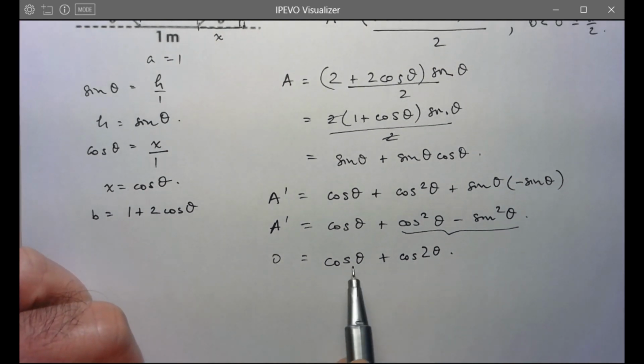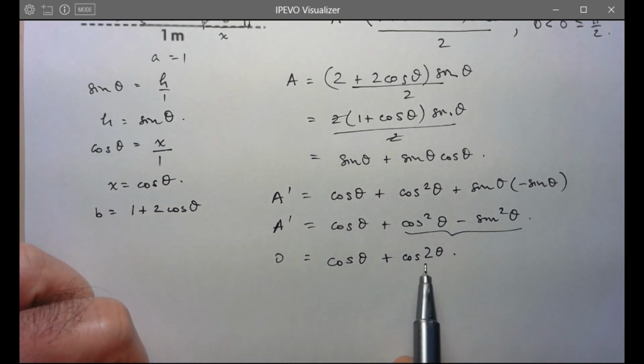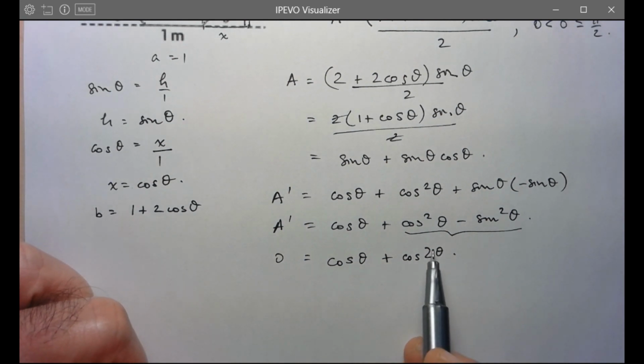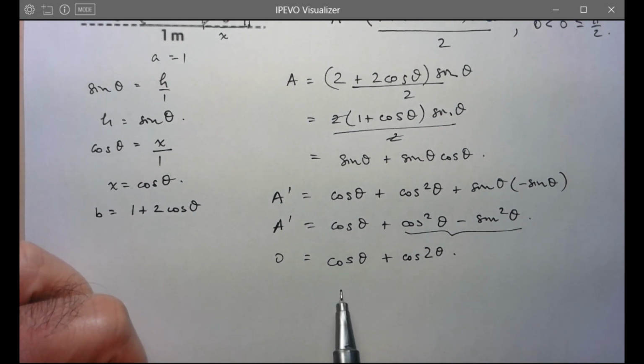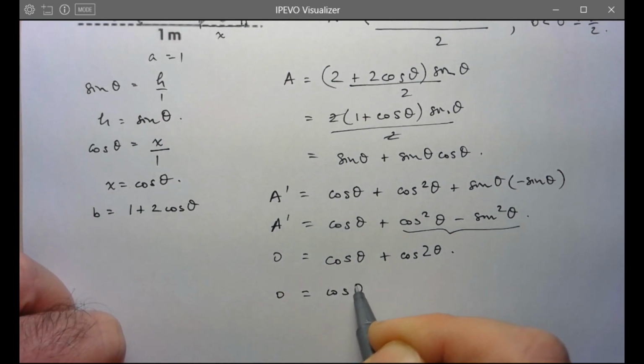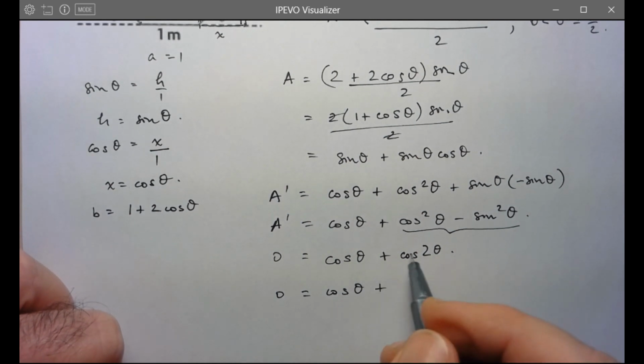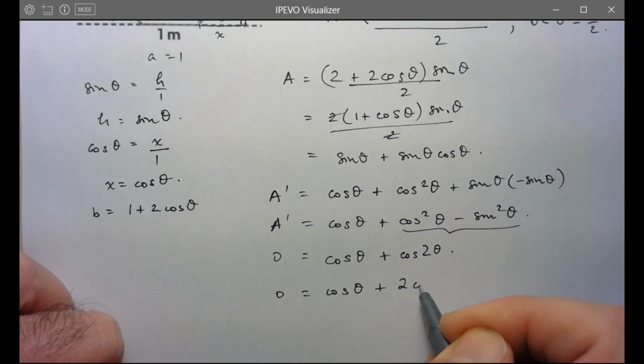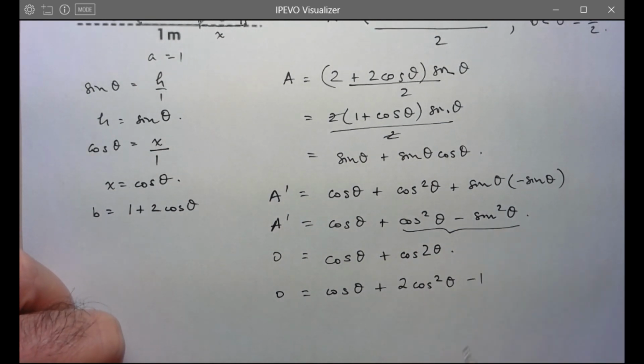Now again, here, I'm not sure how I would solve this, but we remember that cos of 2 theta has 2 other versions of it, and one of those versions contains only cosine. So let's see what happens if we use that other identity. So cos 2 theta can also be written as 2 cos squared theta minus 1.